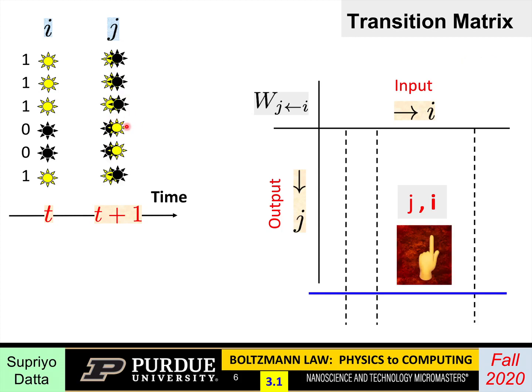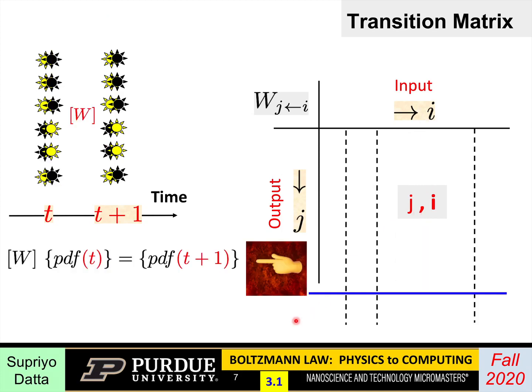And those are the probabilities that should appear in the ith column. The column tells you what the input was, that is, what the configuration was at time t, and the jth row then tells you the probability that the system will go from I on to J.